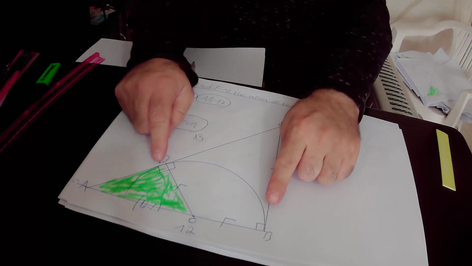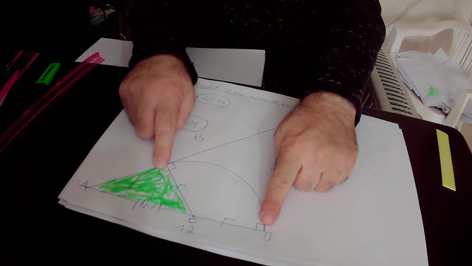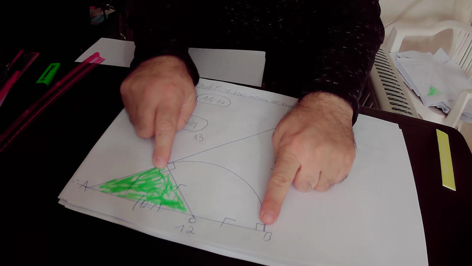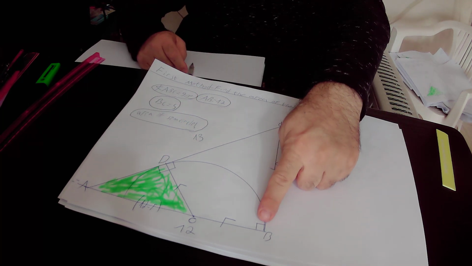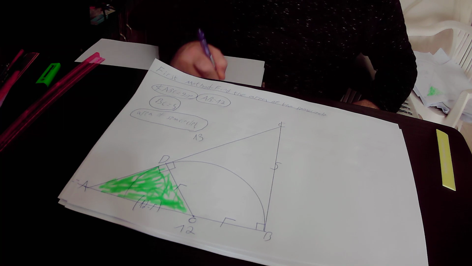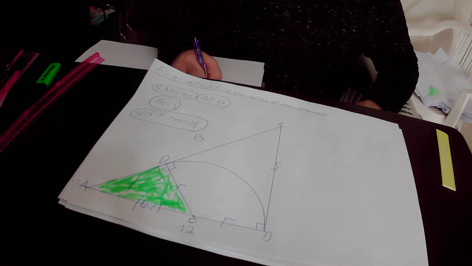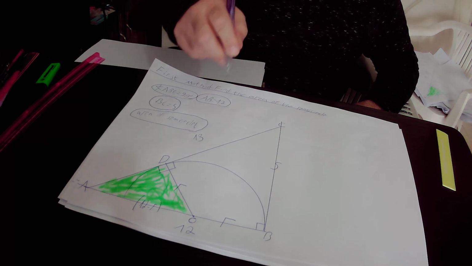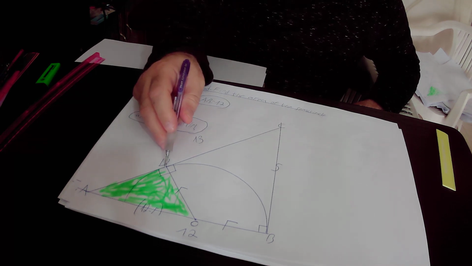First of all, we have those two angles. They are both right angles, therefore they are equal to each other. So this angle, that is angle ABC of triangle ABC, is equal to this angle, that is angle ADO.